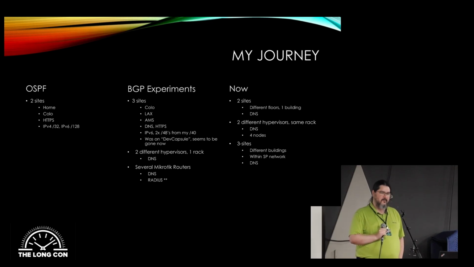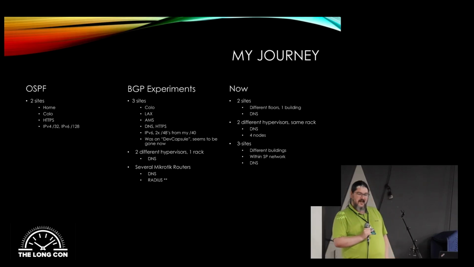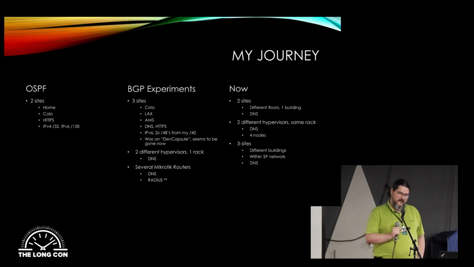I was able to make several instances of that. And I also experimented with doing Radius that way using the MikroTik user manager, and that did not work out well at all. I'll get into that later when I talk about some of these specific OS peculiarities.